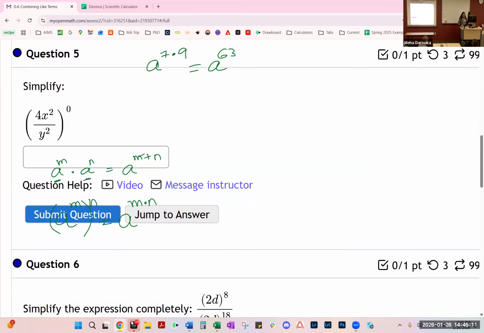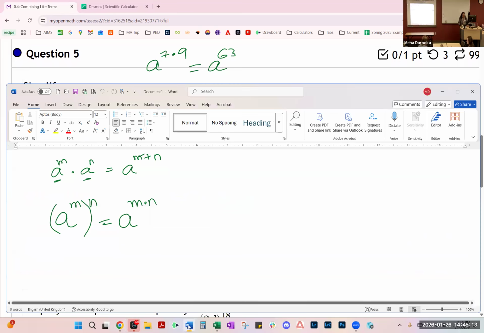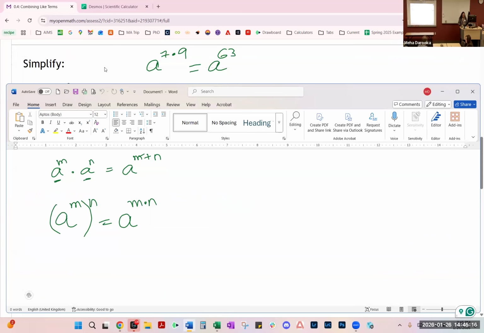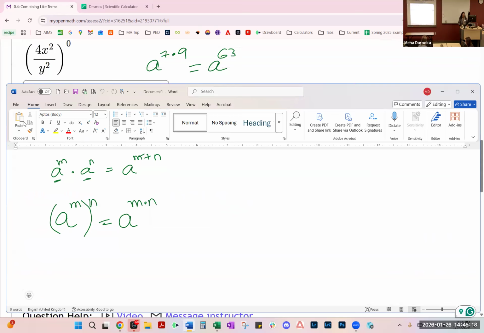Number 5 is actually combining two different rules in it. So what number 5 is actually doing is using the quotient rule and the zero exponent rule. The zero exponent rule is actually pretty straightforward. Any base that is raised to a zero power actually ends up becoming 1.